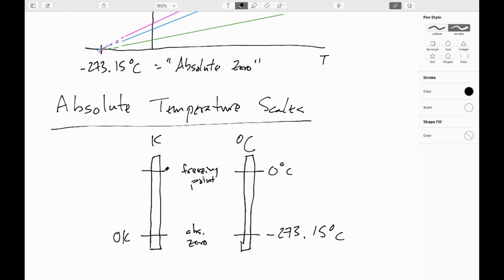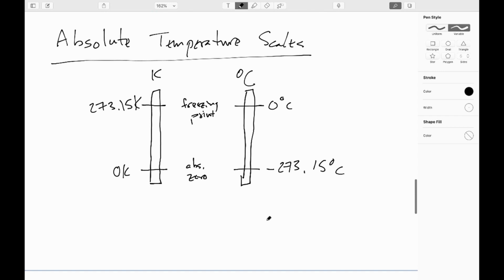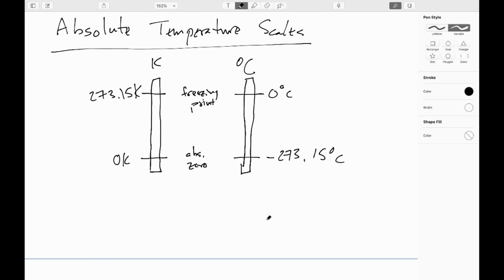And the whole trick with Kelvin is that the degrees are the same size. So the temperature difference between absolute zero and the freezing point is 273. Since the degrees are the same size, if you're converting differences, a difference in Kelvin is a difference in Celsius.